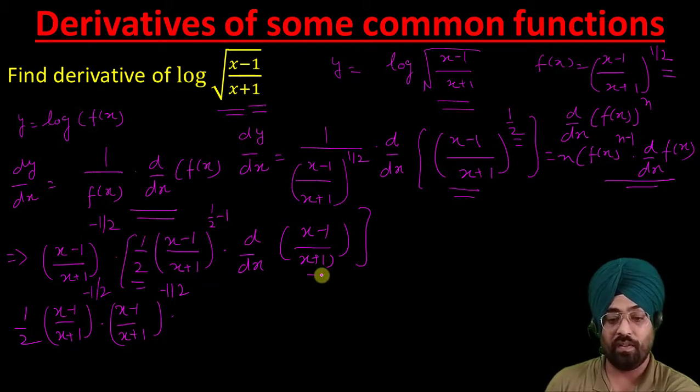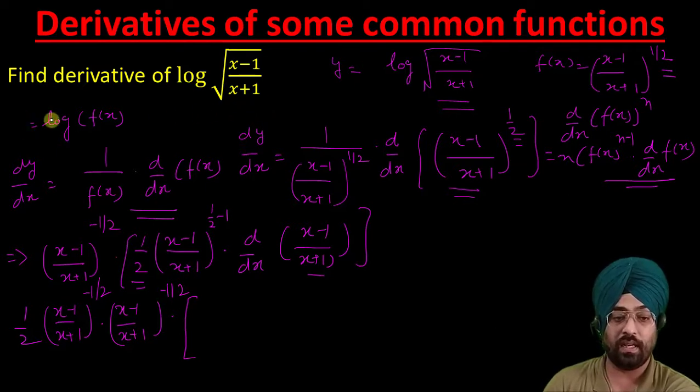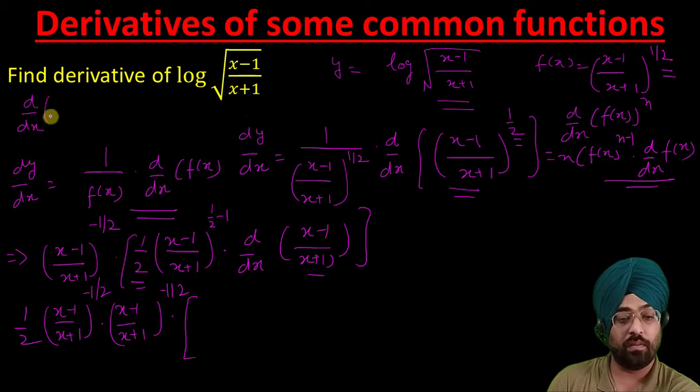Now we have to do the derivative of this x minus 1 upon x plus 1. Here we will apply the formula for u by v. I will write it here for your reference, so that you can remember what formula I have used. dy by dx of u by v is equal to v du by dx minus u dv by dx, all over v square.